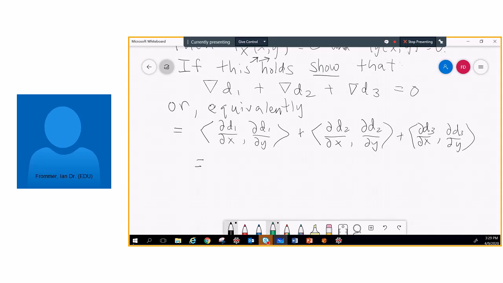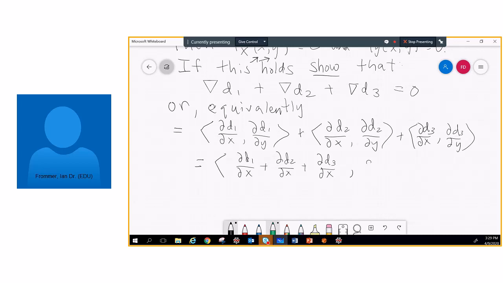All right, a bit more writing on my part. If you want, you could skip this step, but I'm just going to consolidate these three vectors into one vector, right? I can just component-wise add them. So I get dd1 dx, these are all the first components, plus dd2 dx, plus dd3 dx. That's the first components summed.